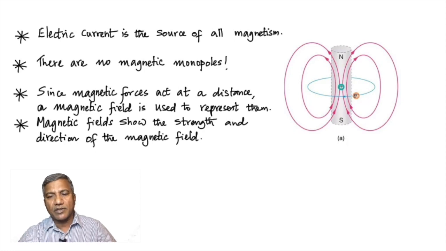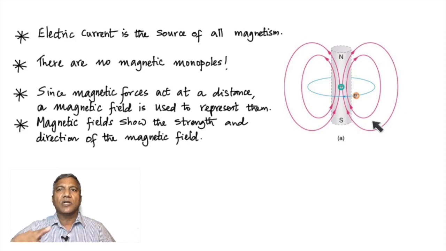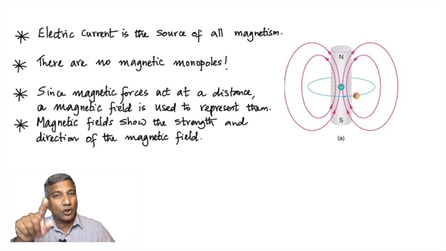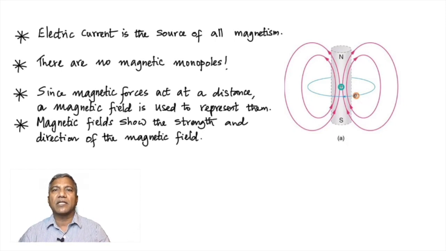And also remember that the magnetic field starts from a north pole and does not end on a south pole. It continues to loop around and then flows back to the north pole. So magnetic field lines are closed. This is a big difference between magnetism and electric fields. Electric fields are not closed.